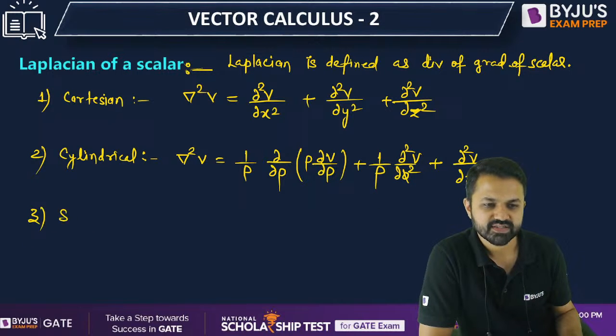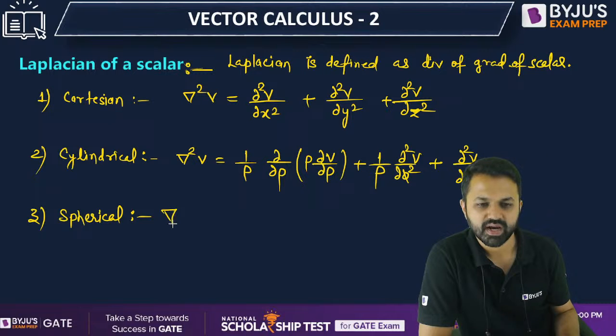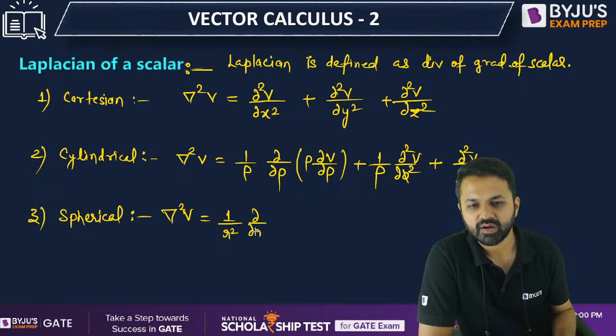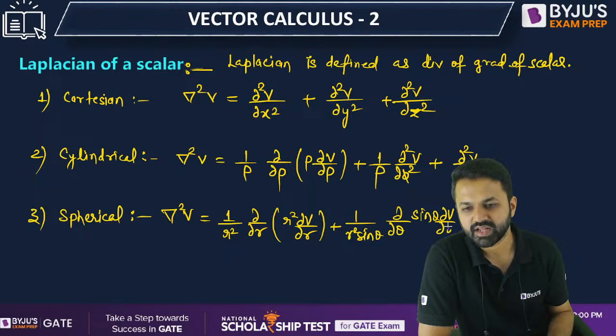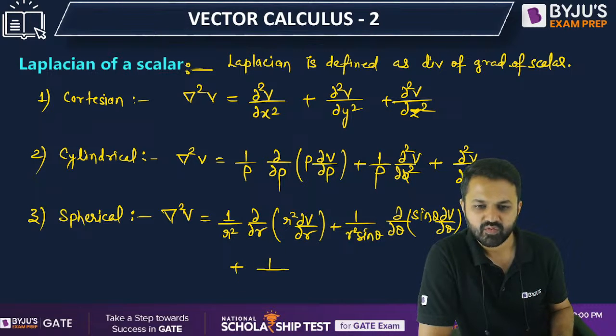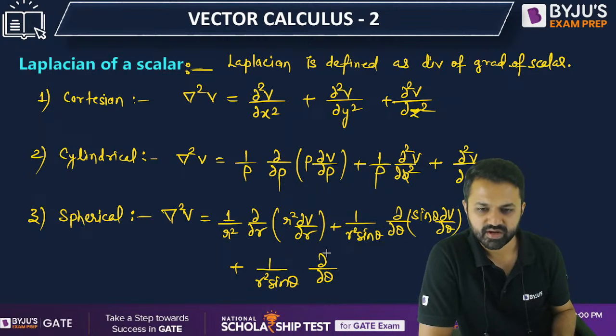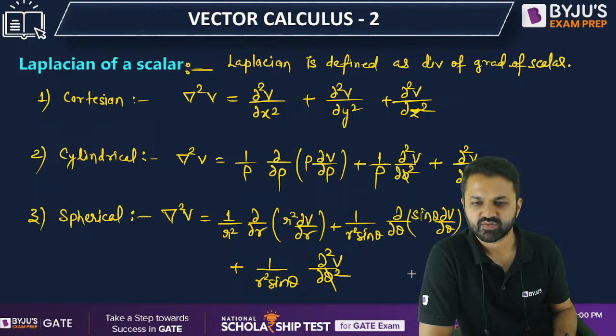And in the spherical coordinate system, del square V is equal to 1 upon R square, del upon del R, R square del V upon del R, plus 1 upon R square sin theta, del upon del theta, sin theta del V upon del theta, plus 1 upon R square sin square theta, del square V upon del phi square.